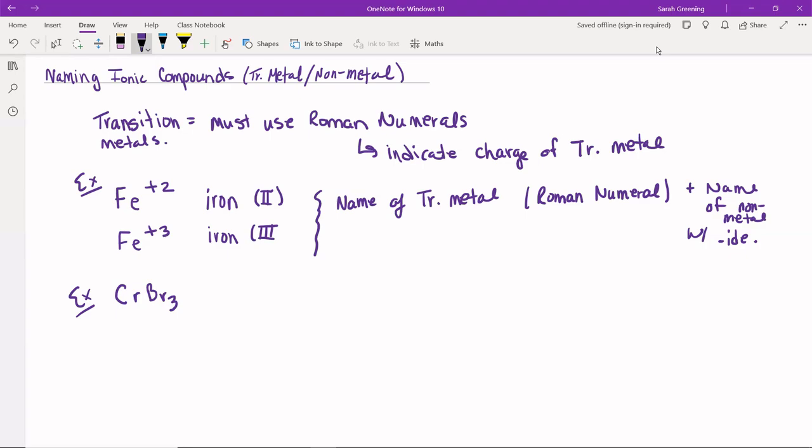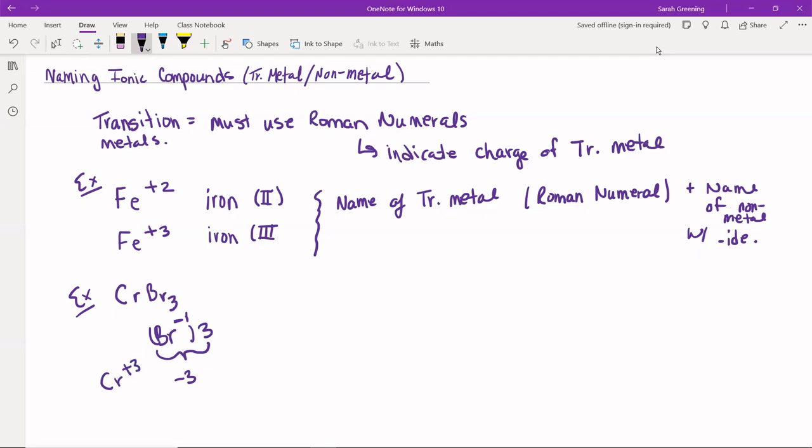So in this case, we have 3 bromine atoms or ions. And so bromine has a -1 charge, and we have a total of 3 of them. So that means the total charge of 3 bromide ions is -3. So that means that our chromium must have a +3 charge.